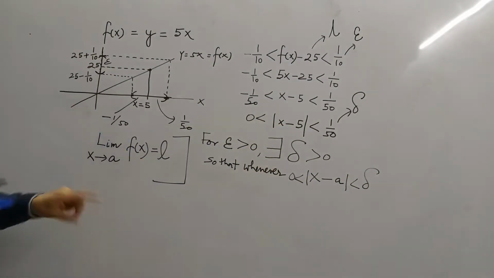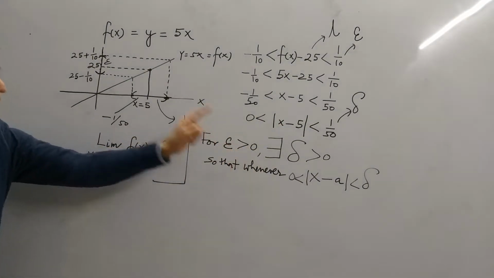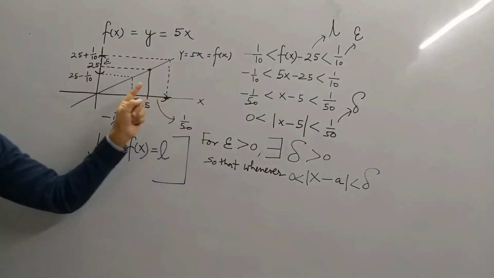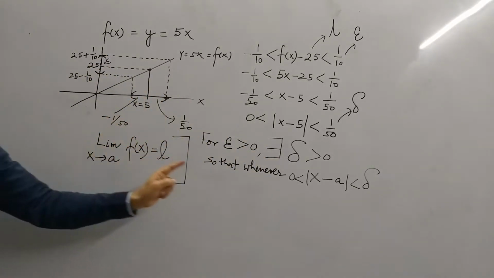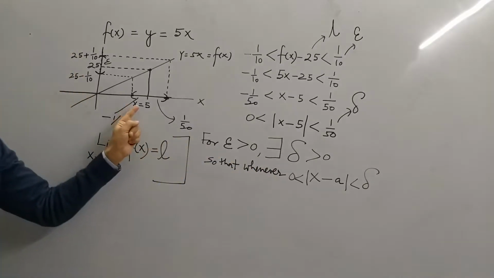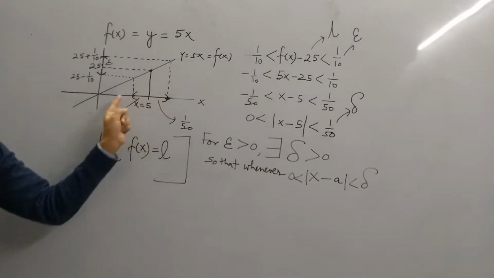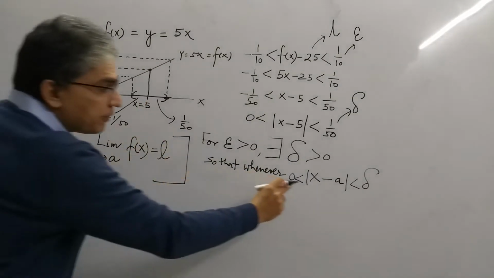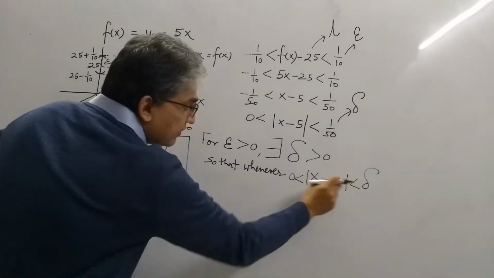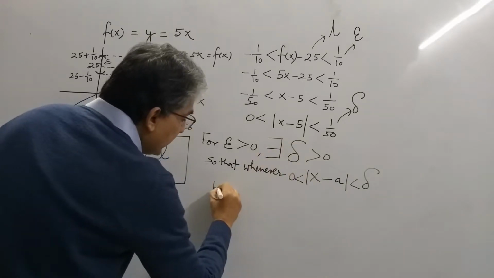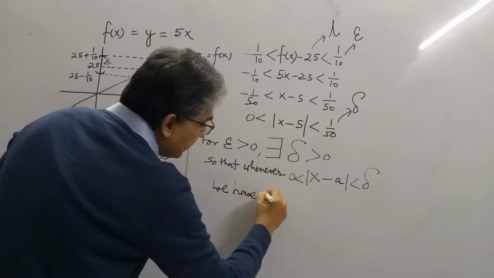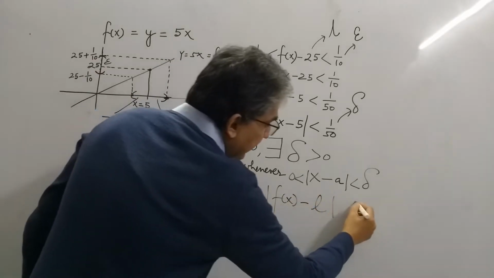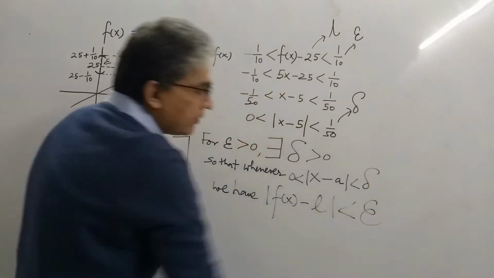Now again, start from the beginning. For any epsilon, that was 1 by 10, I must get a delta, that was 1 by 50, so that whenever my x lies within that delta, plus and minus, so that whenever x minus a lies between 0 and delta, we have |f(x) minus L| less than epsilon.